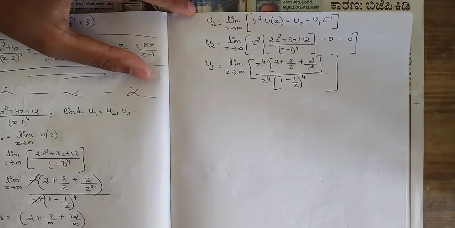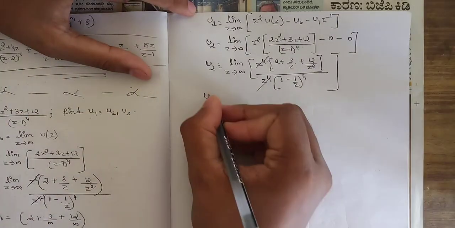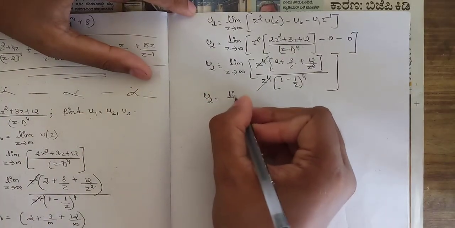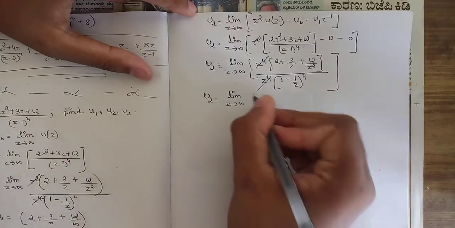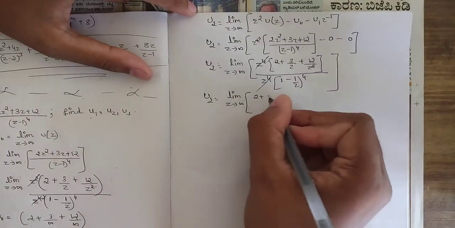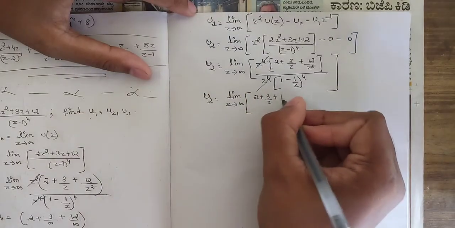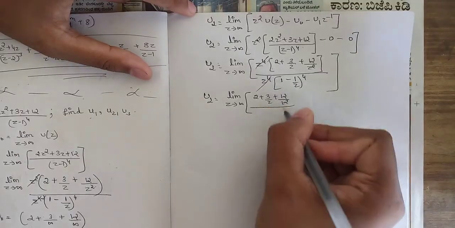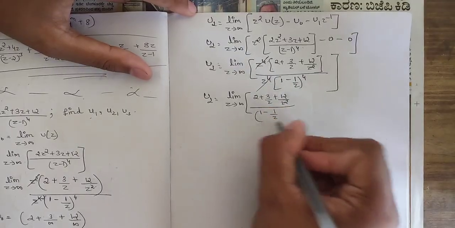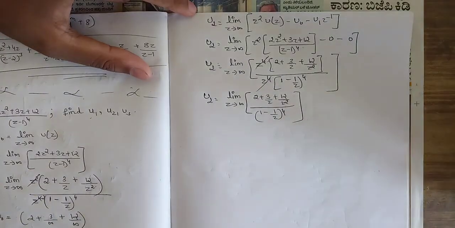So here we can cancel this z power 4. So the remaining term is 2 plus 3 by z plus 12 by z square divided by 1 minus 1 by z whole to the power 4.